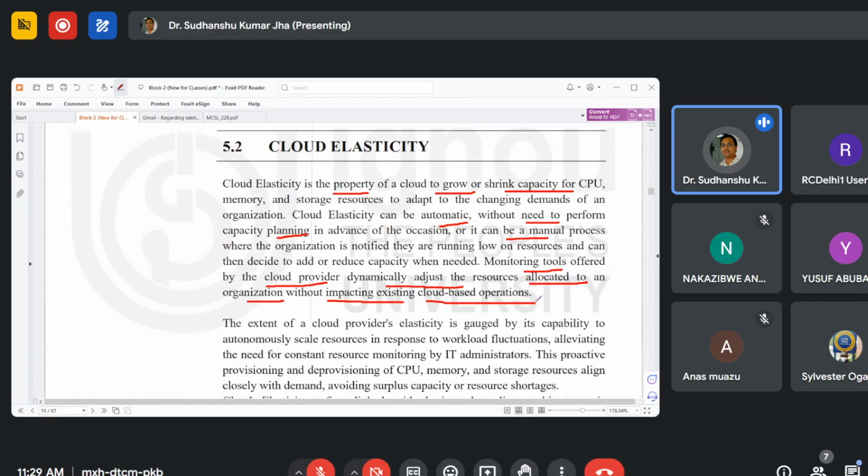Is the customer's program running without any hassle, or does the customer need some more resources, or has the customer acquired some resources where the customer is not utilizing 100% of them? That needs to be monitored, and dynamically you have to deallocate the resources as per the customer requirement.